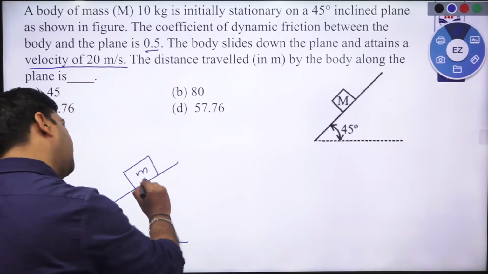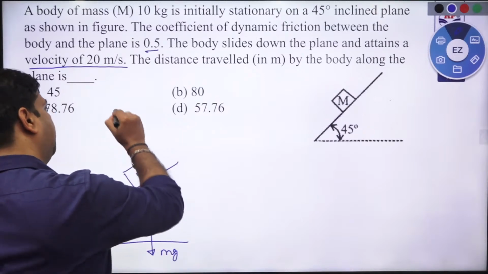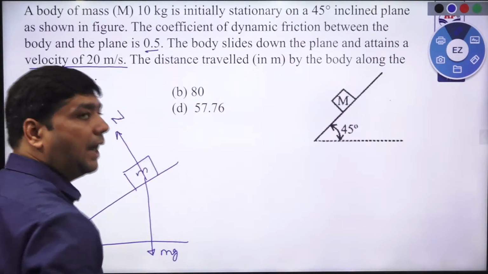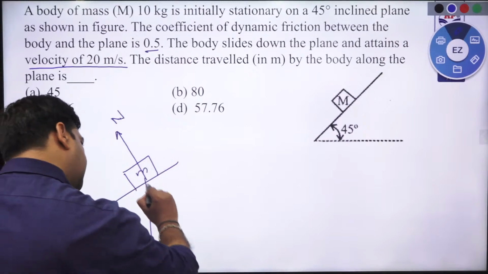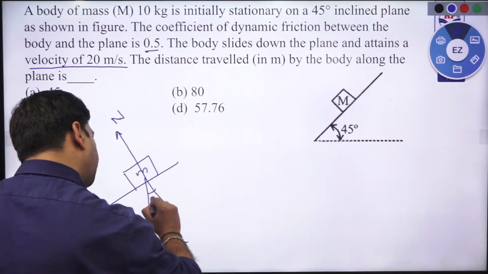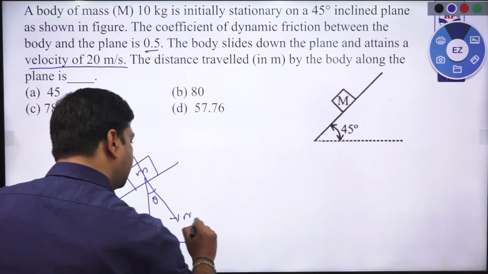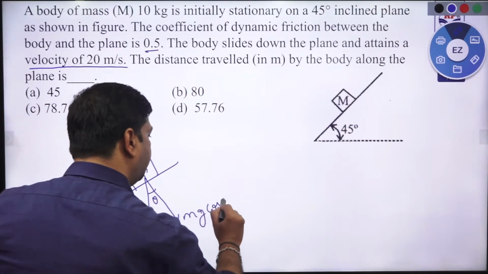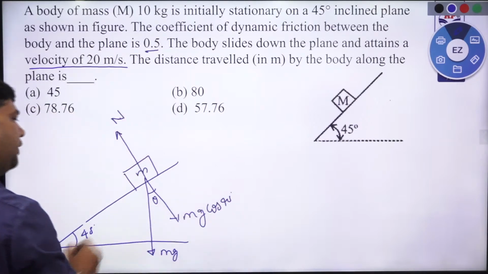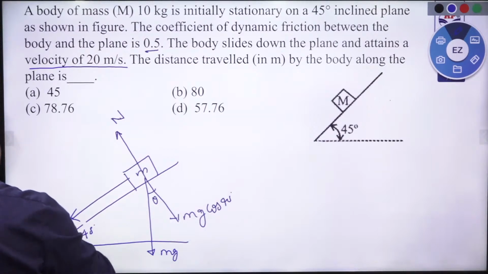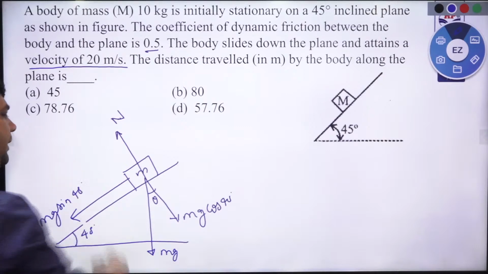Okay, and the normal reaction comes perpendicular to the contact surface. After that, this is also having the same angle, and this is mg cos 45 degrees, because theta is given as 45 degrees. After that there is again mg sin 45 degrees at that place.